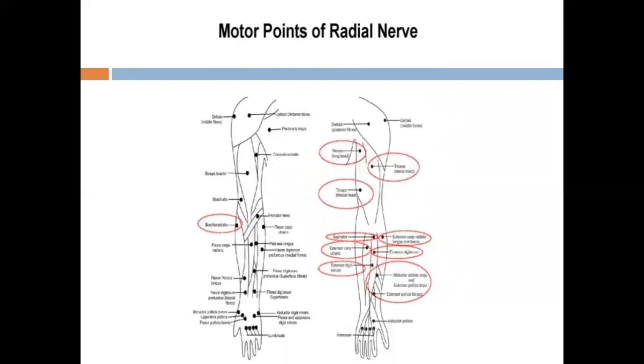Motor points of the radial nerve. Here you can see the brachioradialis, triceps, long head, supinator, extensor carpi ulnaris, and some major flexor and extensor group of muscles.